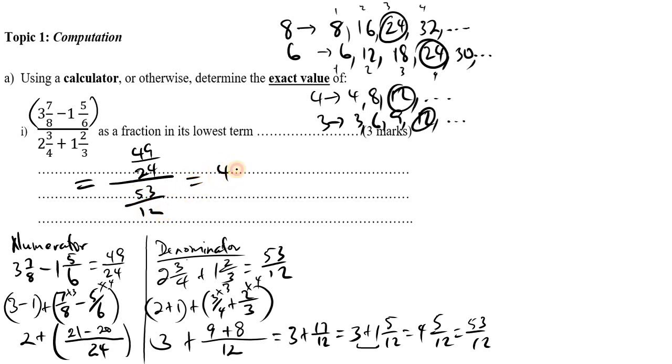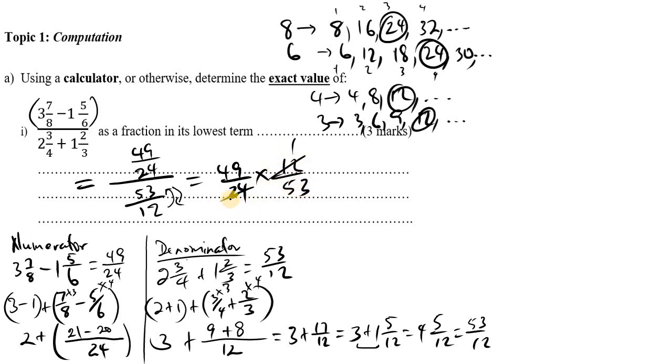When doing this, we want to change division to multiplication. So when we divide, we change division to what? Multiplication, and then we reciprocate the divisor, the fraction we're dividing by. We make the denominator the numerator and the numerator the denominator. So it's going to be 12 over 53.